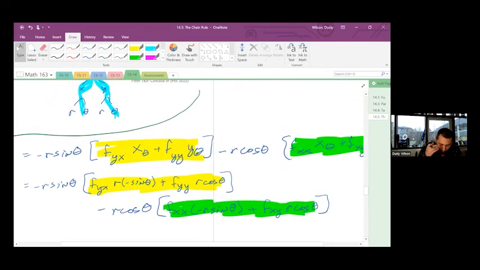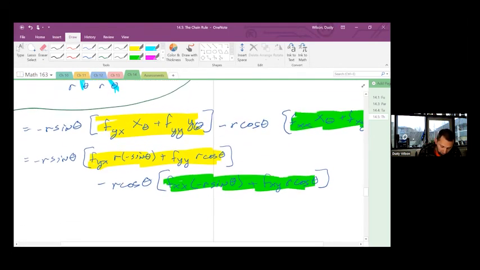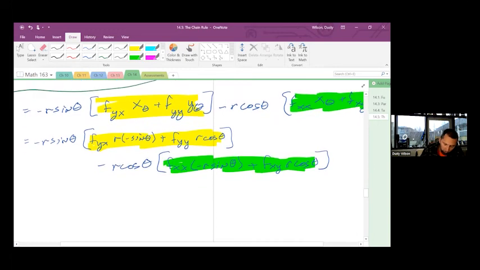Now let's see if we can find some common ground between our sines and our cosines. I'm hoping for something good. I think there may be some hope here. So there is an r squared in every term, so we can pull that out front.